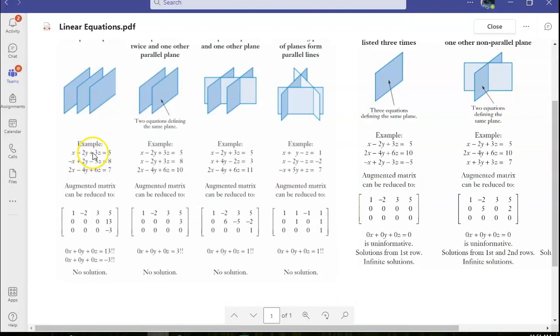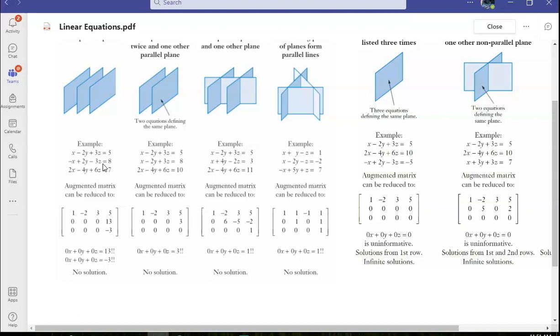Right, so why do we know that these are parallel? Do we really need 1, -2, 3? This is the same vector, it's just times by -1. If instead of 8 this was -5, what would you then say?